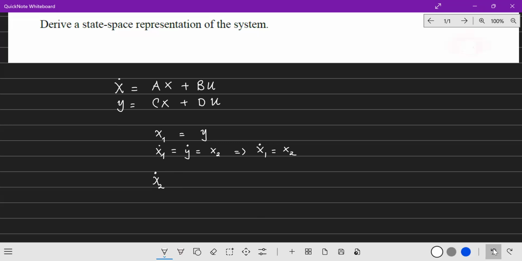Differentiating the whole equation gives x2 double prime, and I'm going to define this using another variable. So x2 double prime will be equal to x3. We can therefore say that x2 dot gives rise to x3.